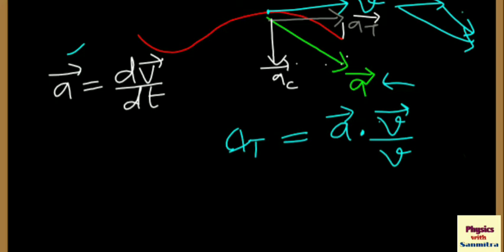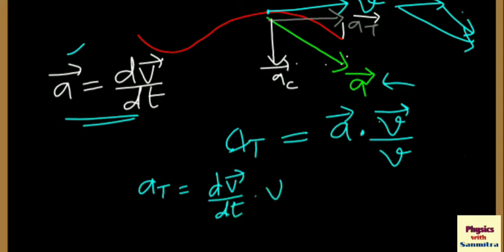Now see one thing, what is a? a is dv by dt, so I can write a equal to dv vector by dt dot v vector into 1 by v. I think this much is clear for everybody.